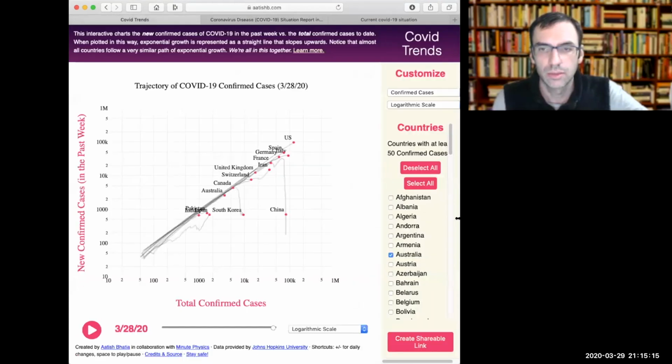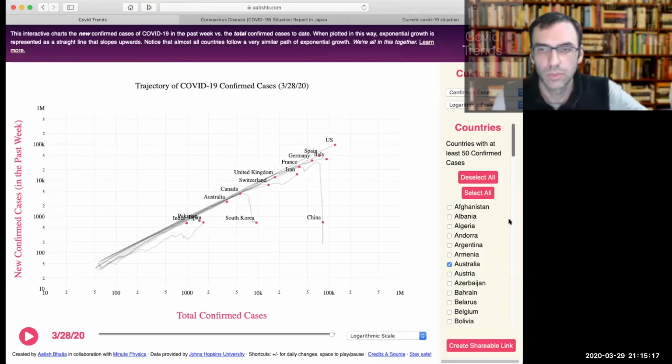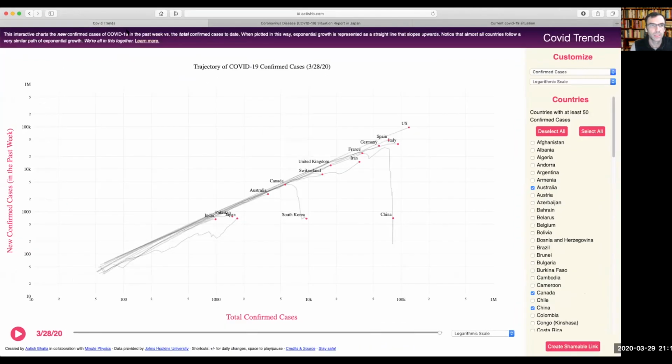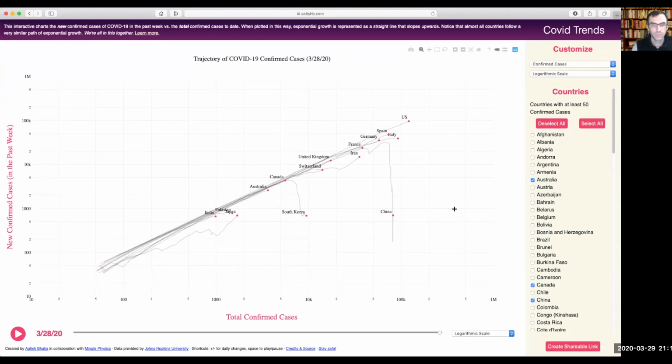Now, this is a really interesting chart, and this was really what I wanted to focus on today and try to explain a little bit about what's happening in the wider world. This was put together by a couple of physicists, actually, not epidemiologists. Most of the graphs and charts we see show time on the x-axis, and then either new cases or total number of cases on the y-axis.